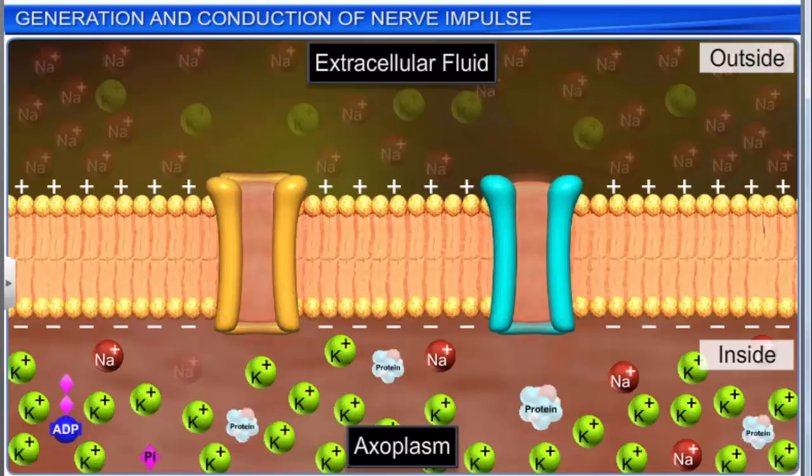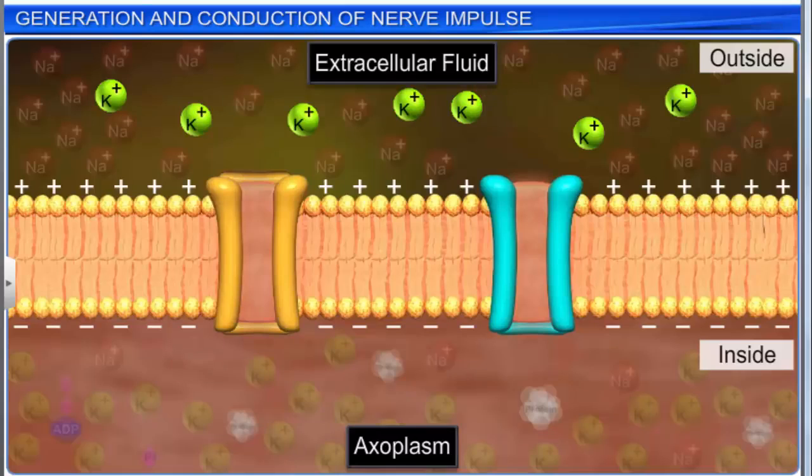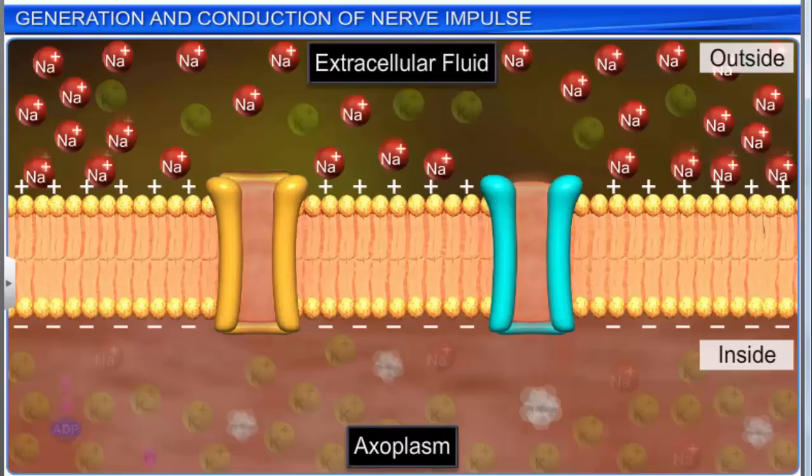Therefore, the axoplasm inside the axon contains a high concentration of potassium ions, negatively charged proteins, and a low concentration of sodium ions. On the contrary, the extracellular fluid outside the axon contains a low concentration of potassium and a high concentration of sodium.